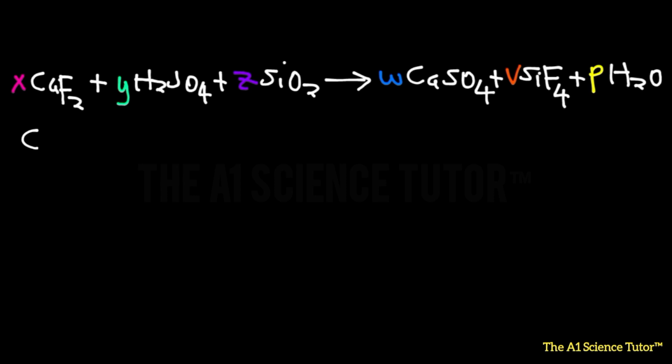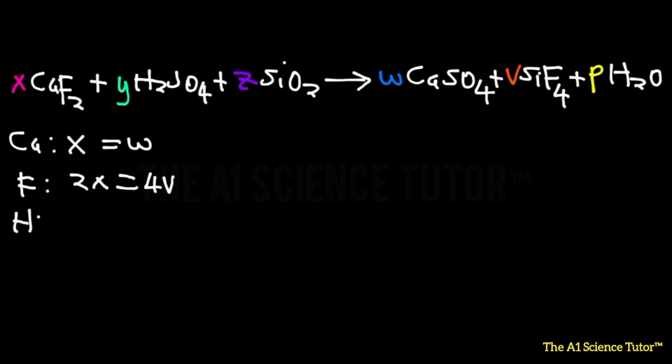So for calcium, we have X here. That will be equal to W. For fluorine, we have 2X, and on the other side, we have 4 multiplied by V, so that's 4V. For hydrogen, we got 2Y, and on the other side, we got 2P.